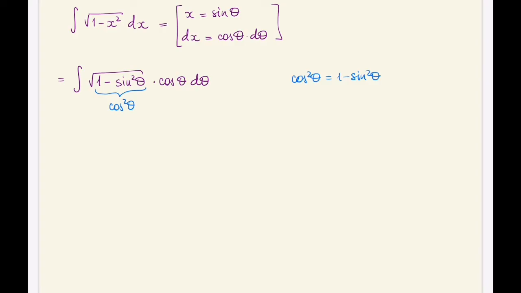So what I end up with, of course, is, let me write the intermediate step as well, square root of cosine squared theta times cosine theta d theta. So what do I have?